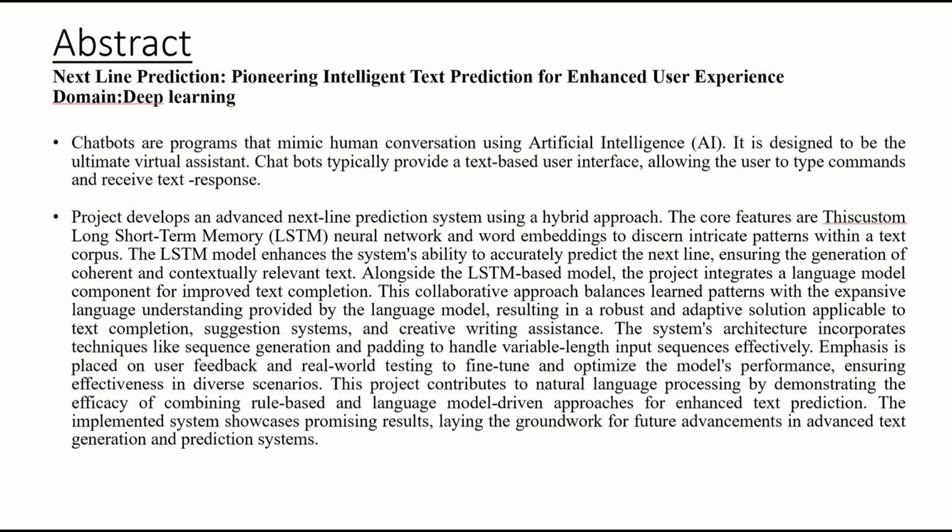The project develops an advanced next line prediction system using a hybrid approach. The core features are long short-term memory, neural network, and word embeddings. Our project builds upon advanced LSTM networks. This generates next words for a given sentence.